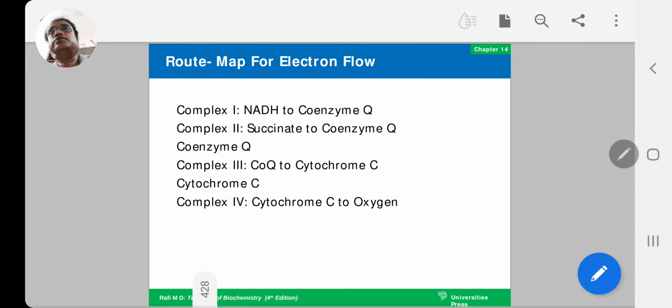Now, flow of electrons from coenzyme Q to cytochrome c. Before this, something about coenzyme Q. Coenzyme Q, also known as ubiquinone, because of its hydrophobic nature and its tiny size, is fairly mobile within the mitochondrial membrane.